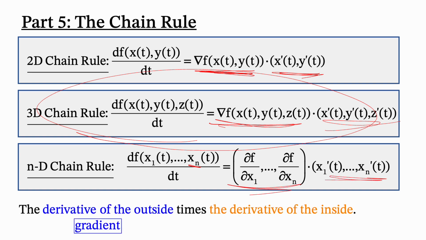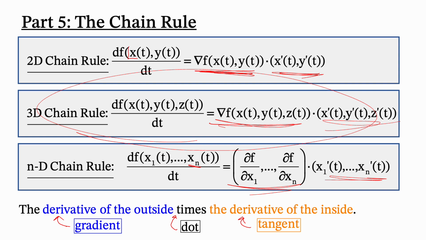Which is perfectly analogous to the chain rule you know from Calc BC, because remember the gradient is the multivariable analog of the derivative, and then multiplication is analogous to times, and then the tangent vector would be analogous to the derivative of the inside. So remember, you had derivative of the outside times derivative of the inside for the chain rule, and that's the same thing here, gradient dot tangent.